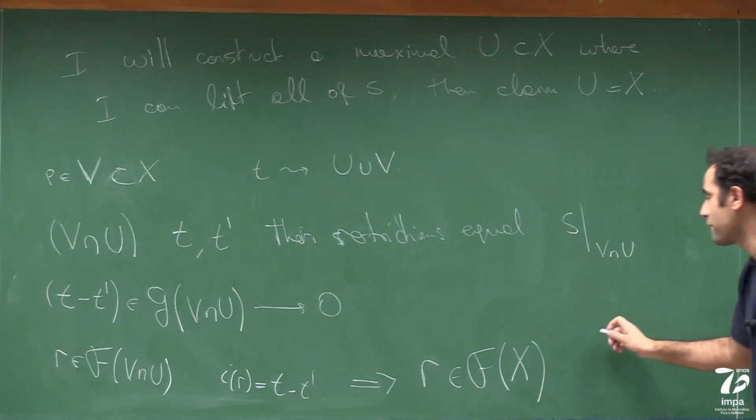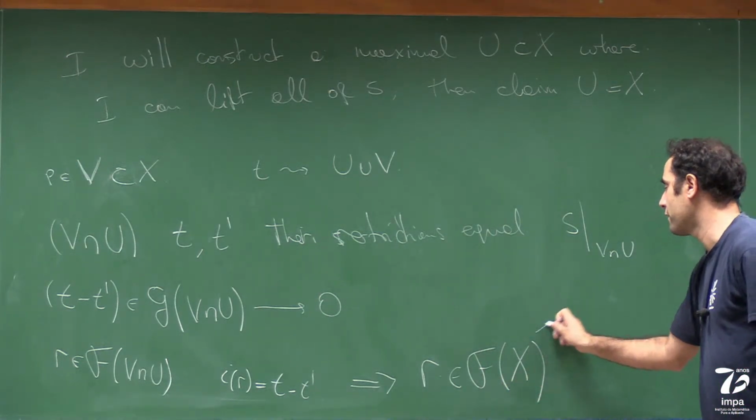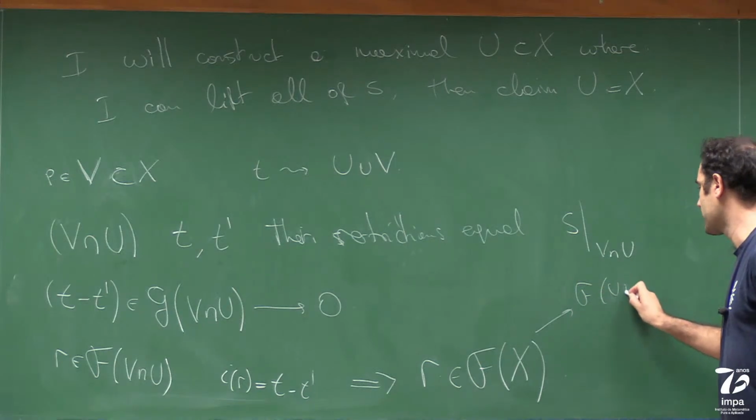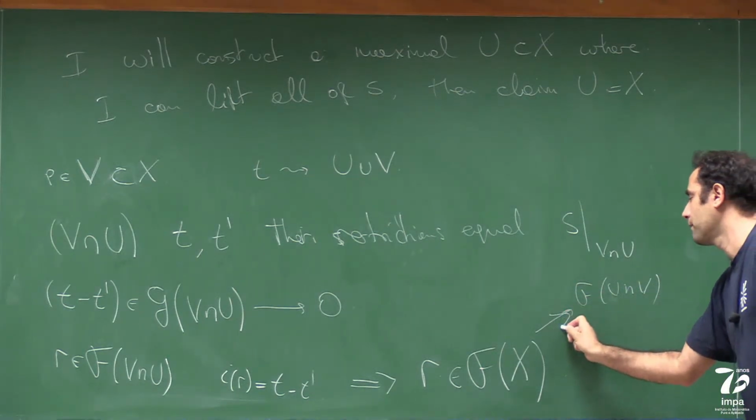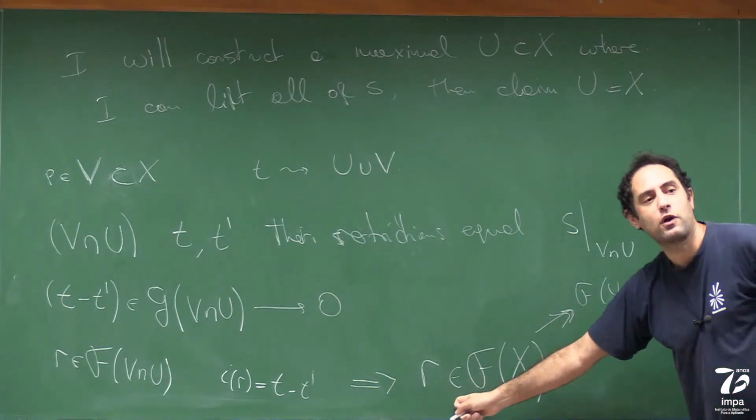Here we use that F is flabby, because the map from F of X to F of U intersected V is surjective. So the preimage of R is what I'm calling R again.